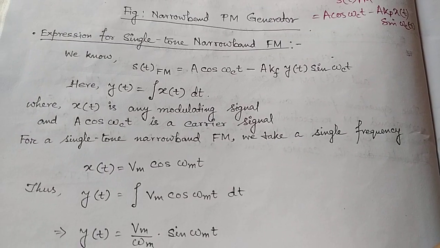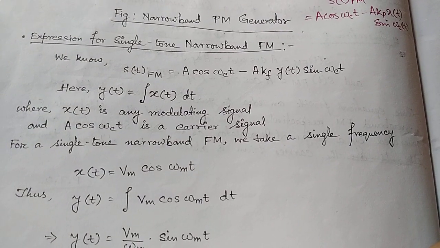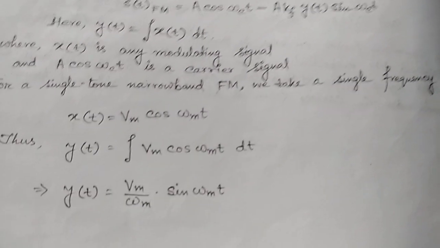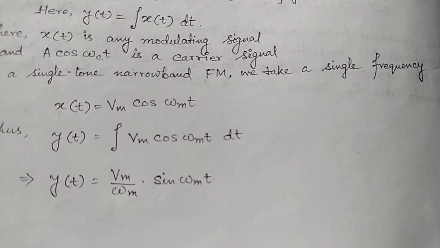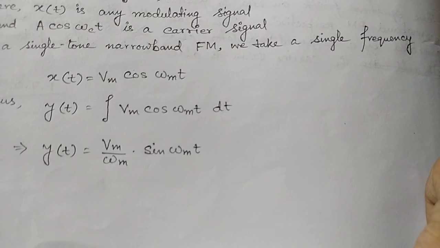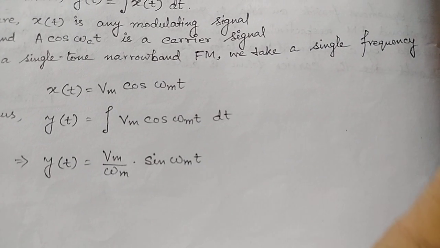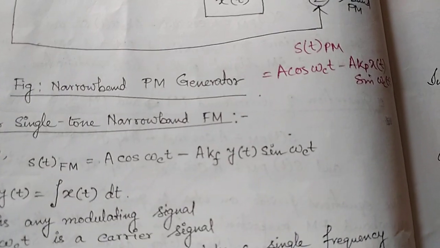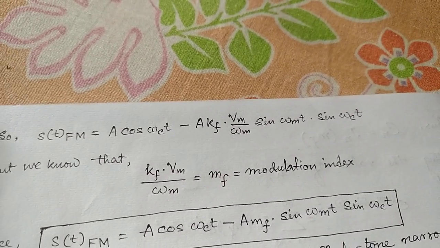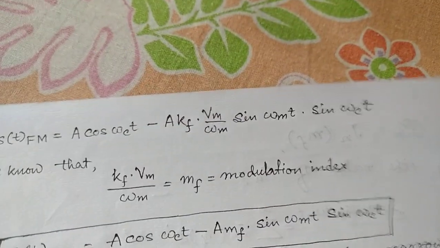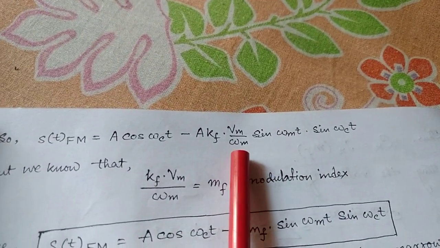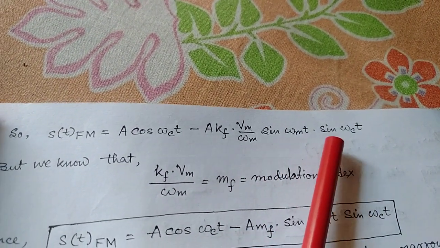Now for single tone narrowband FM, we would take a single frequency where x(t) equals Vm cos omega_m t, so y(t) would become the integration of that, Vm by omega_m sin omega_m t. So just replace the value of y(t) in that expression and we would get an expression like this. So single tone FM becomes A cos omega_c t minus A Kf Vm by omega_m sin omega_m t sin omega_c t.